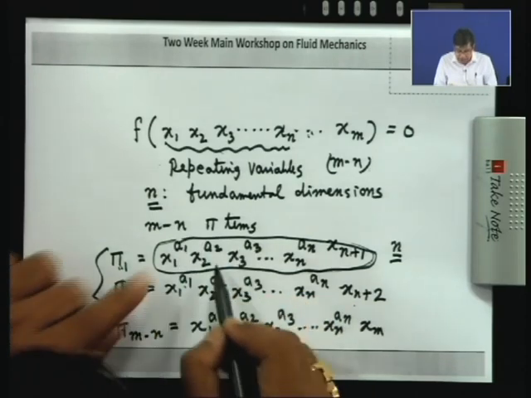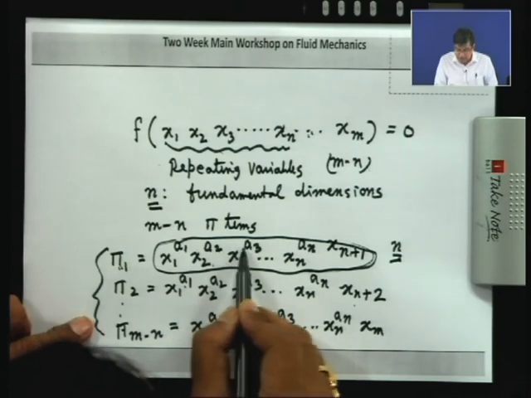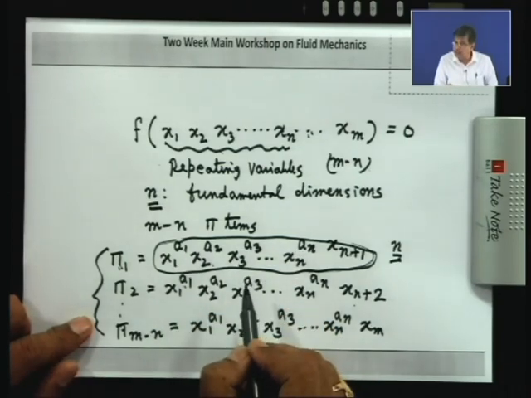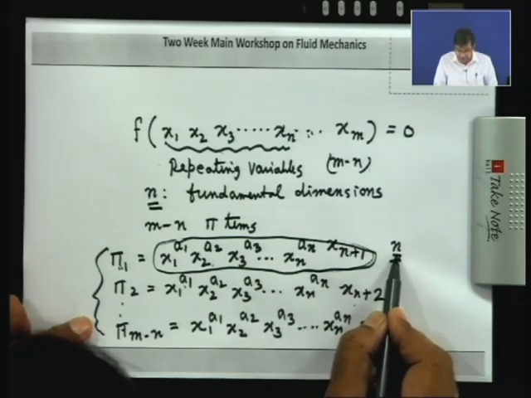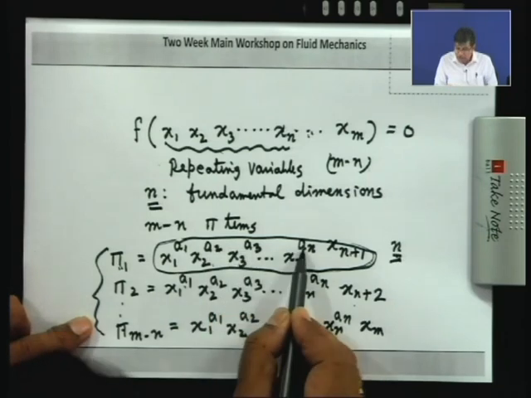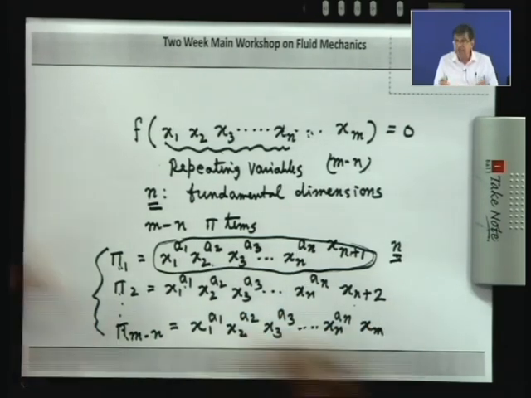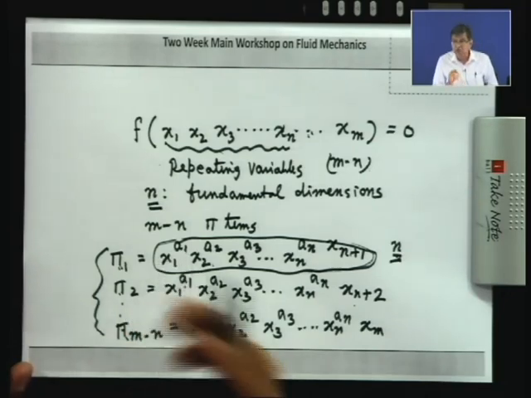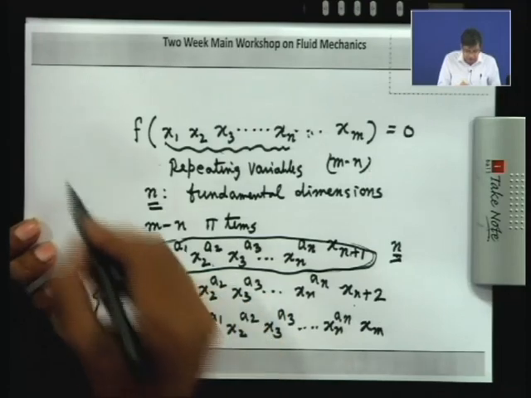Therefore, from each pi term we get n linear algebraic equations for a1, a2, a3, an, because the indices of all these will be 0 for all fundamental dimensions. So, this n linear algebraic equation for these n unknown indices are solved for every pi term, and we get the pi term. That is all.